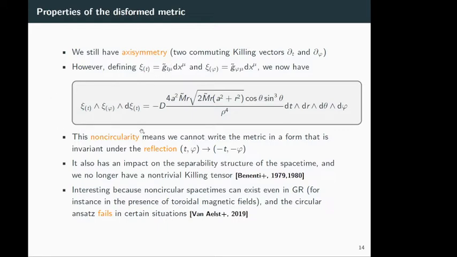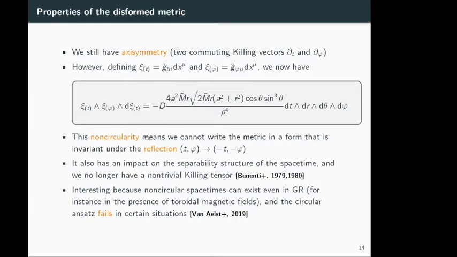So now when you calculate this wedge product, you actually find that it's non-zero, meaning that the spacetime is non-circular, except of course in the case where d equals 0, where we just have the Kerr metric, and when a is 0, because as I just mentioned, if a is 0, we just have the Schwarzschild metric, which is a subcase of Kerr, so we also get circularity.